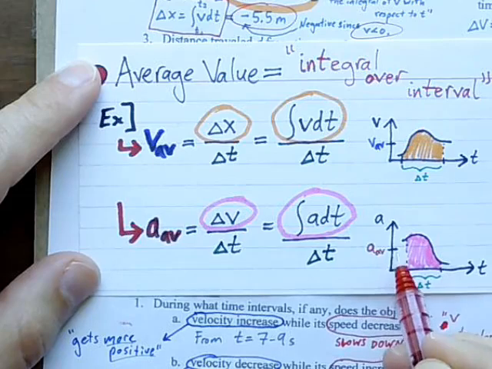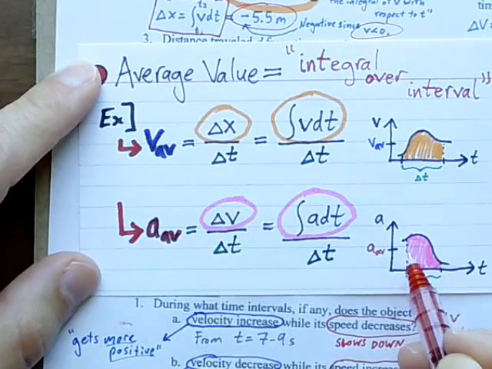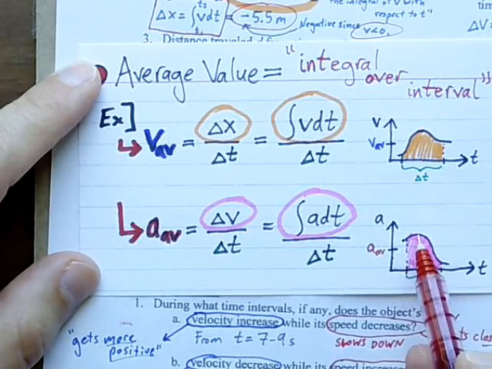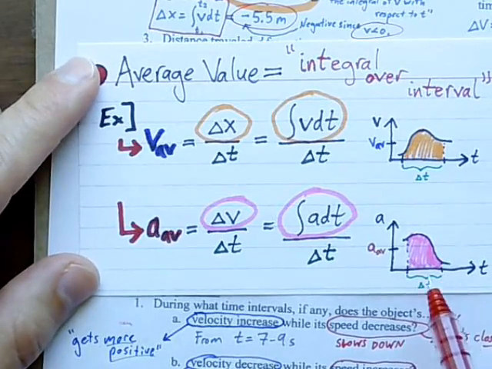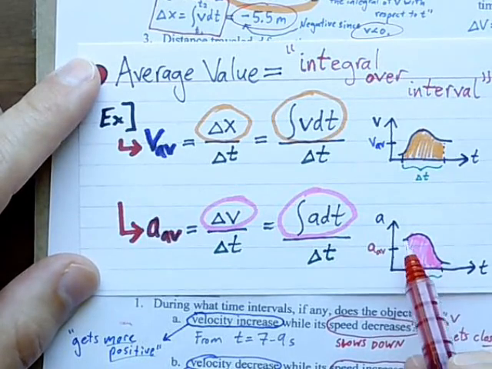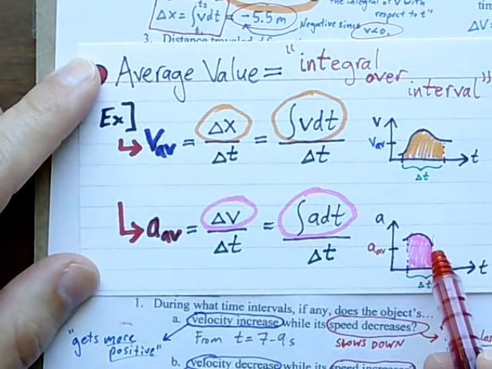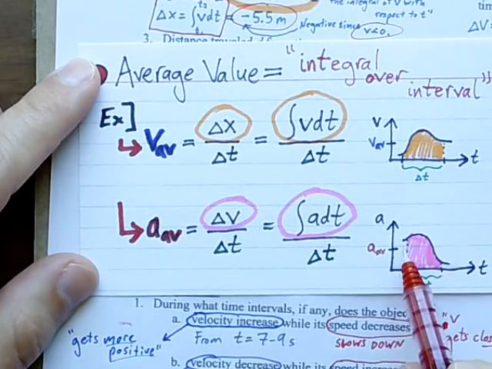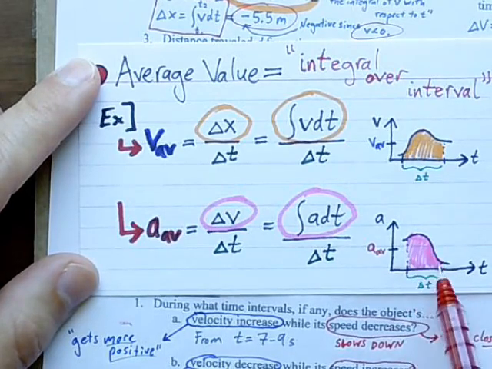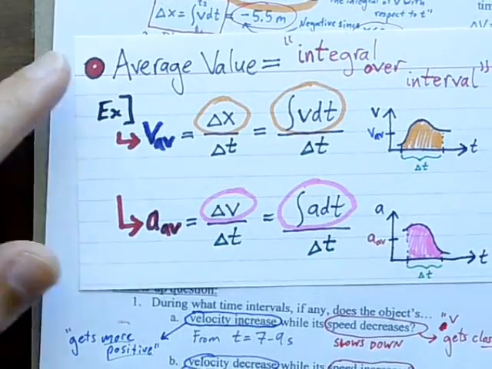And that average value, once again, should be somewhere between the highest value of the acceleration during that time and the lowest value. We see in this example that the acceleration spent more time up at a high value and then quickly dropped to a low value. So we'd expect our average acceleration to be closer to the high end here than to the low end down there.